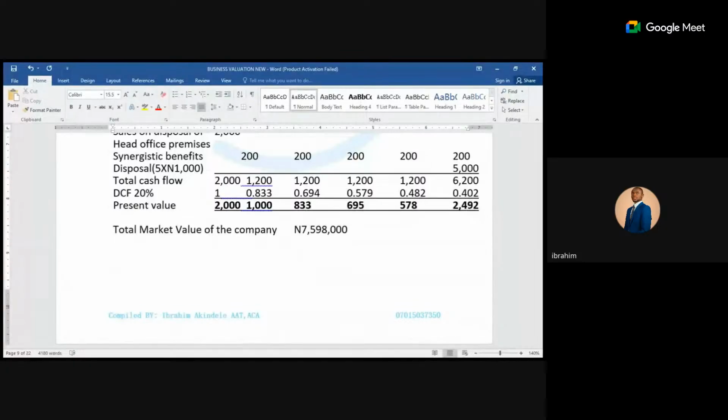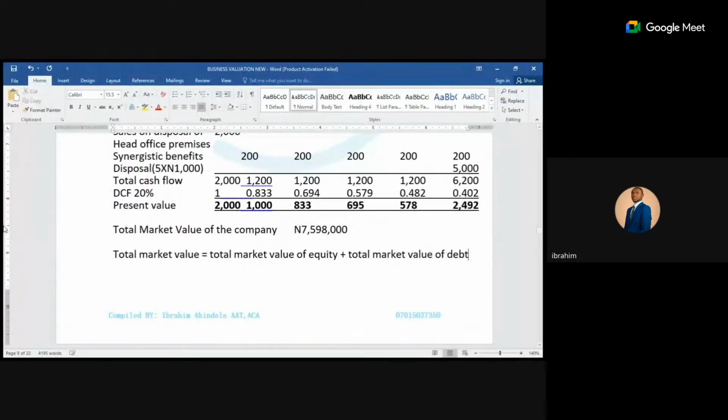Class, you should not forget that total market value is equal to total market value of equity plus total market value of debt.